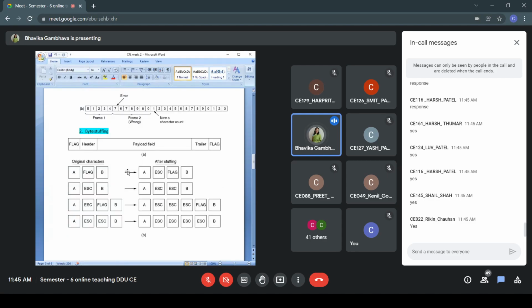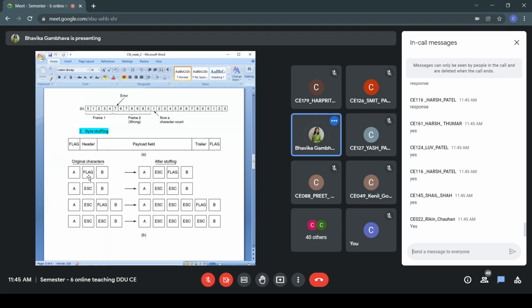In byte stuffing, we insert one flag byte in the beginning and one at the end. Whenever this flag byte appears in the data, the receiver may be confused whether that is the end of the frame or that is the data. It will unnecessarily treat it as the end of the frame.